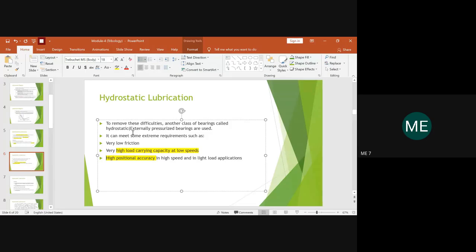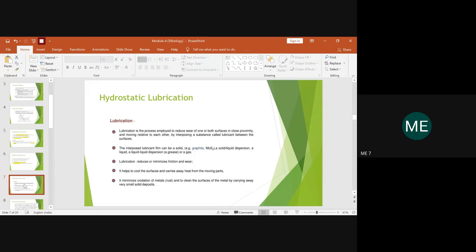Hence there is a need for you to understand hydrostatic lubrication and the bearings associated with the hydrostatic type of lubrication film. These are the key important things you have to understand. Apart from that, there are some characteristics you have to know.